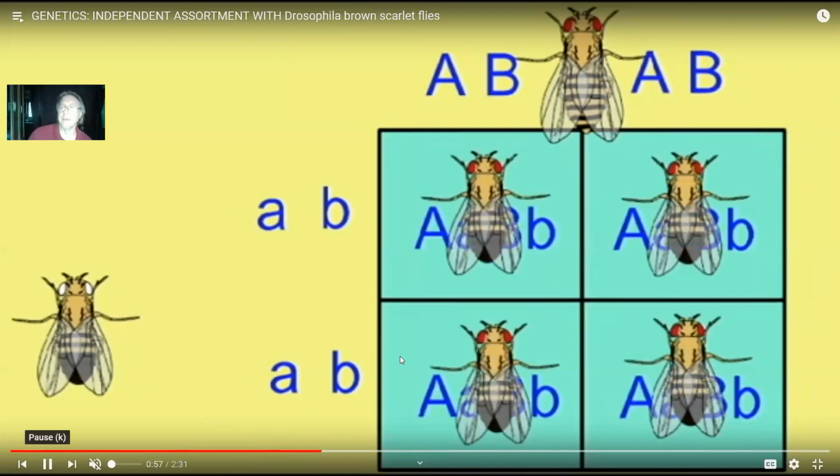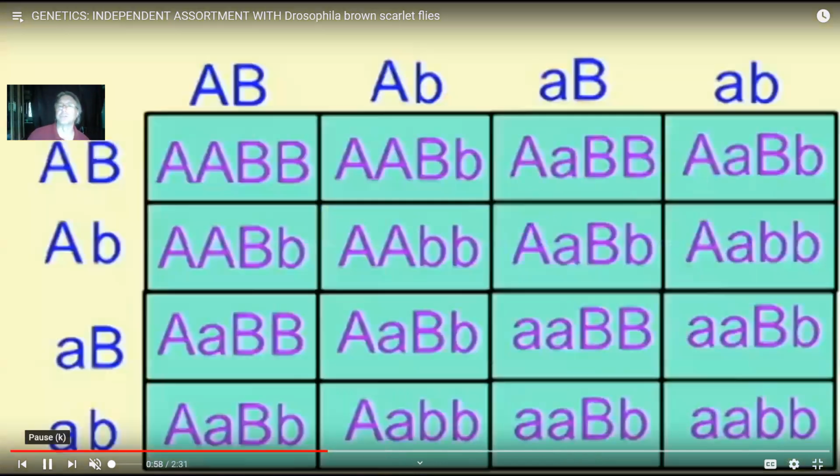And so here we have flies who are heterozygous for two different genes, A and B. Now, since these alleles are the dominant ones, then they would all have red eyes. All right. So in this cross, the double heterozygotes, the dihybrids, they have the dominant phenotype.